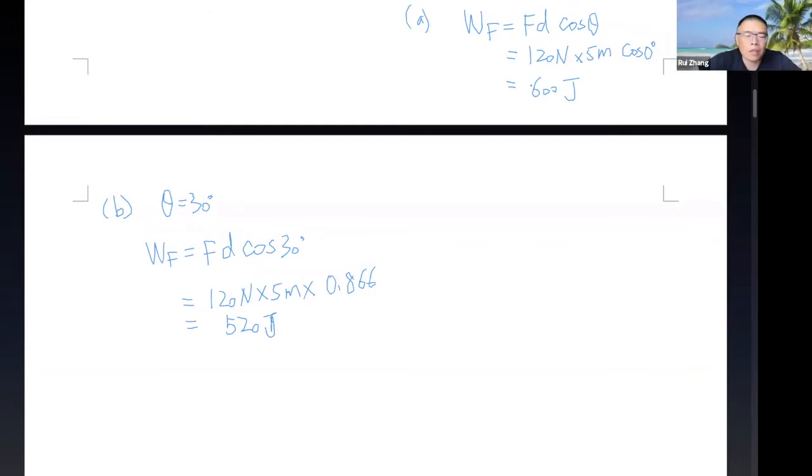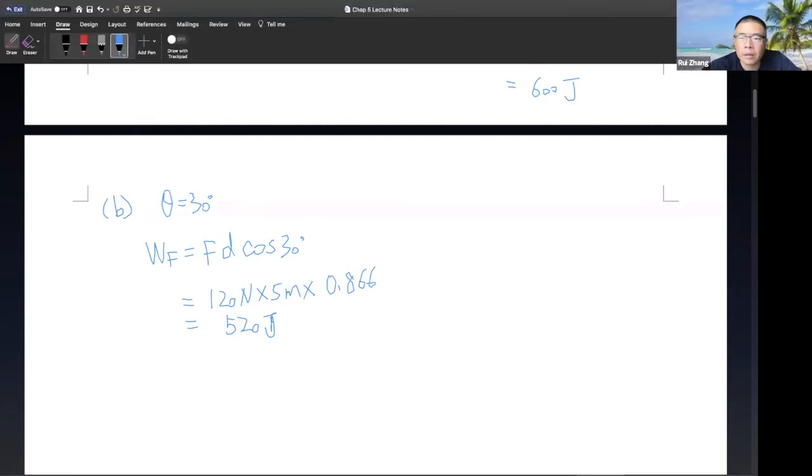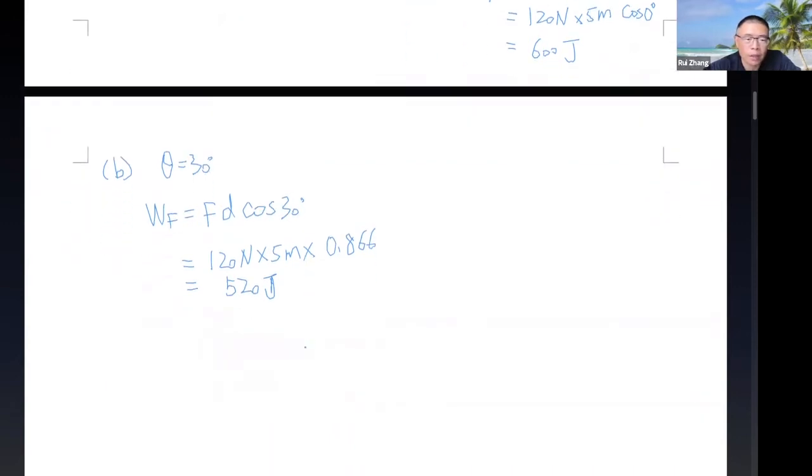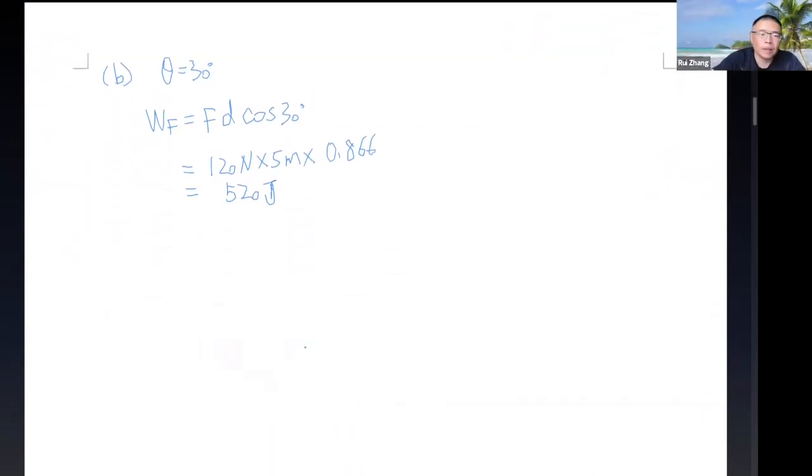But there's a difference here: in the first case the force is pulling at 0 degree, so you have a bigger acceleration, while in the second case you have smaller acceleration. So the speed of the object in these two cases is going to be different, although the distance traveled is the same, because the force is pulling at different angles. Anyway, let's go to part C.